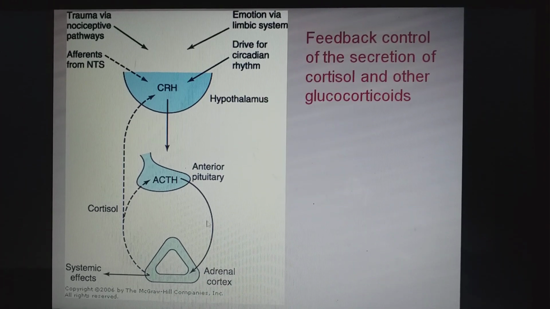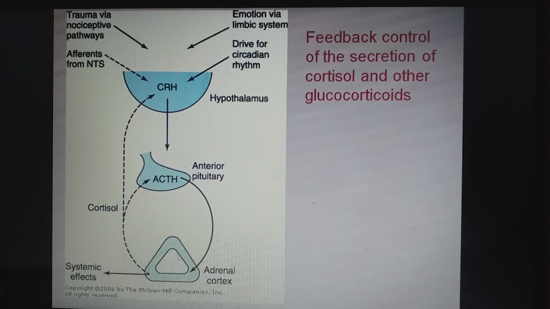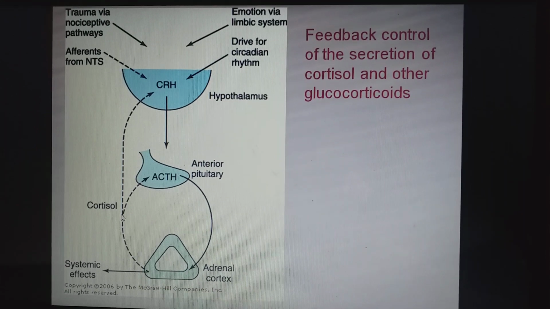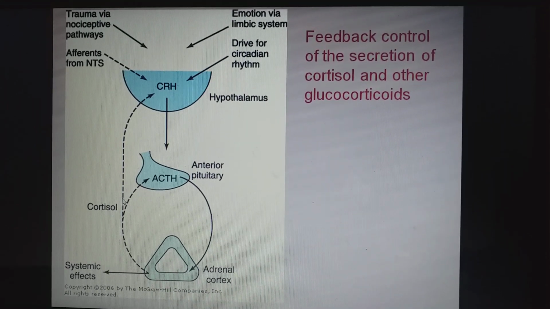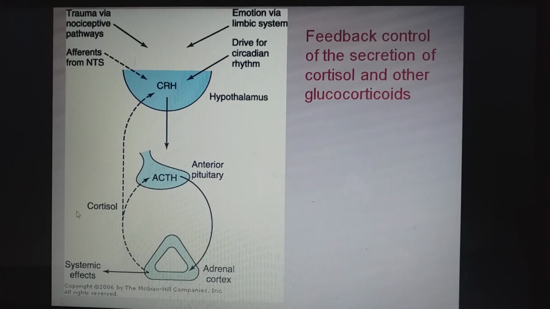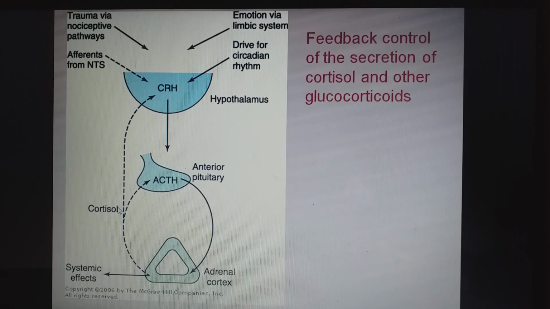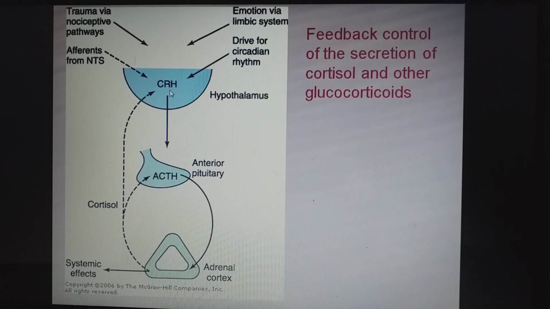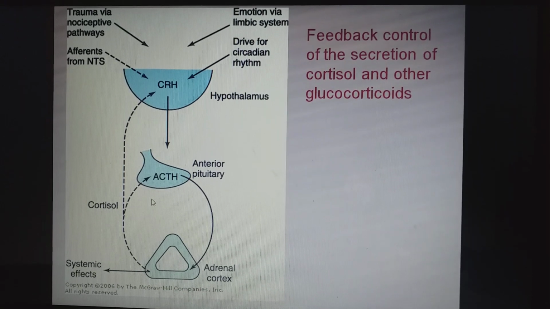Then ACTH acts on the adrenal cortex and stimulates it to produce cortisol. Then cortisol has a feedback effect on the anterior pituitary and the hypothalamus. For example, if there is an excess level of cortisol in the bloodstream, it inhibits the anterior pituitary and hypothalamus and reduces their secretion.